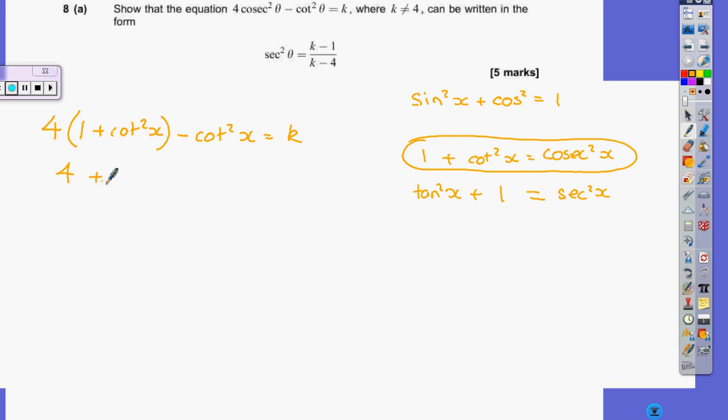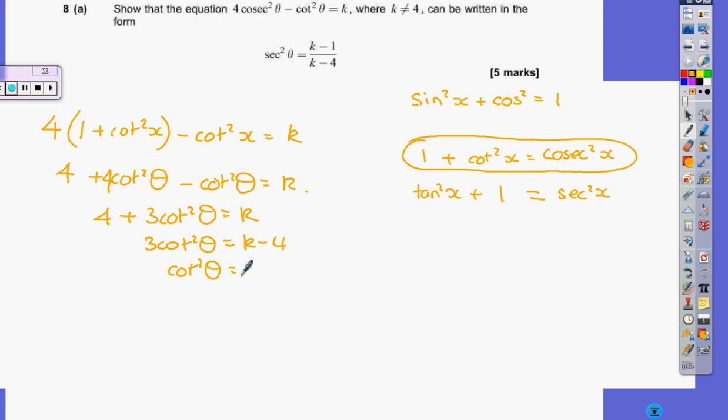So 4 plus, maybe I should change it to theta, because that's what we're dealing with, equals k. So I've got 4 there. So I've got 4 plus 3 cot squared theta equals k. So 3 cot squared theta equals k minus 4. So cot squared theta equals k minus 4 over 3.